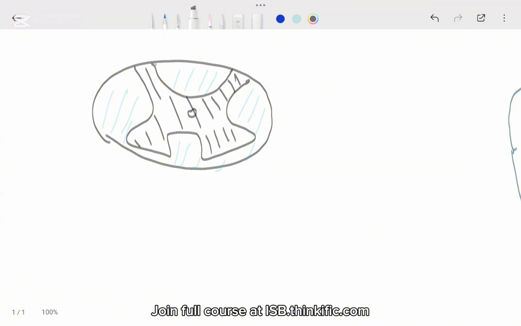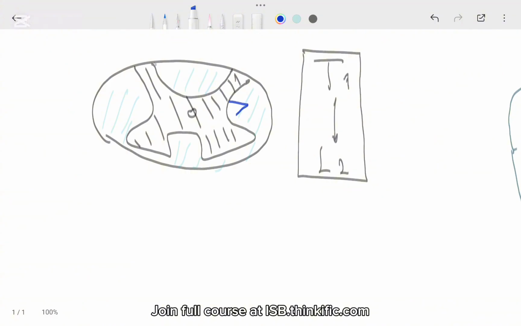But when you take a cross section in the spinal cord anywhere from T1 down to L2, you will see one additional structure, which is a horn over here. This is called the intermediolateral horn, or simply lateral horn.